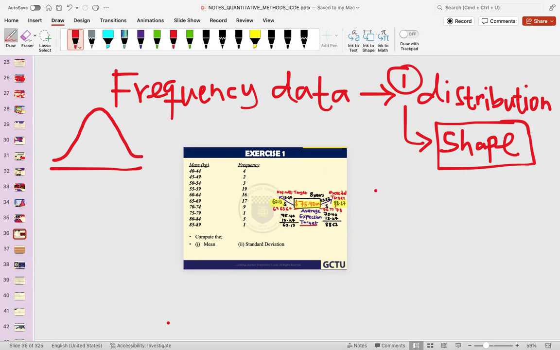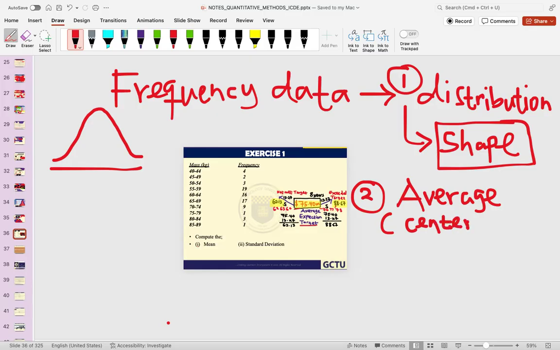And then after the shape, which the table gave, we also learned about something called the average, or the center of the data. Why the center?